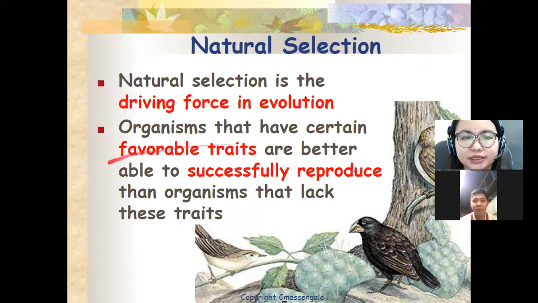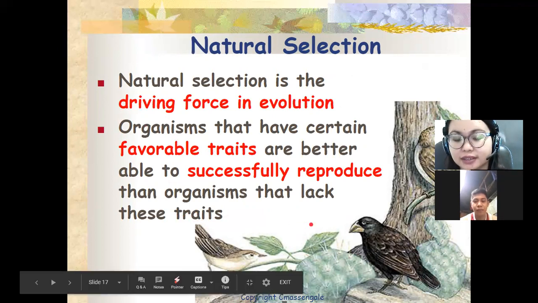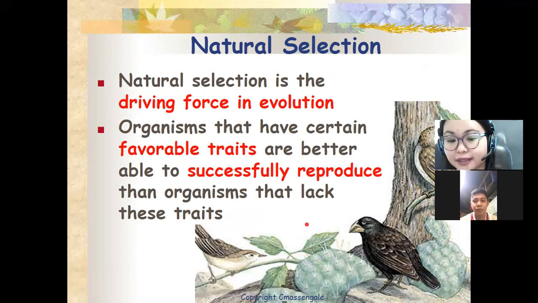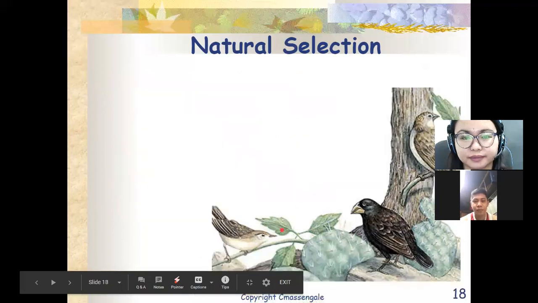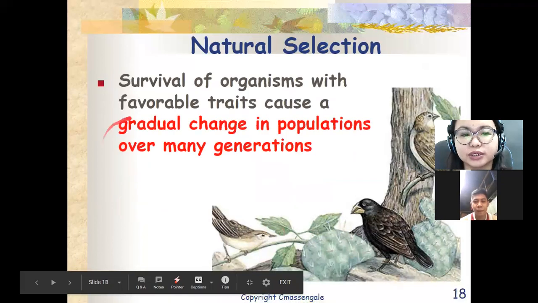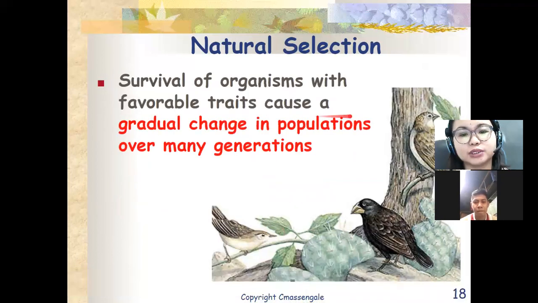Organisms that have certain favorable traits are better able to successfully reproduce than organisms that lack these traits. So the strong survive, no? Survival of the fittest, that's natural selection. So survival of organisms with favorable traits causes gradual change in a population over many generations.